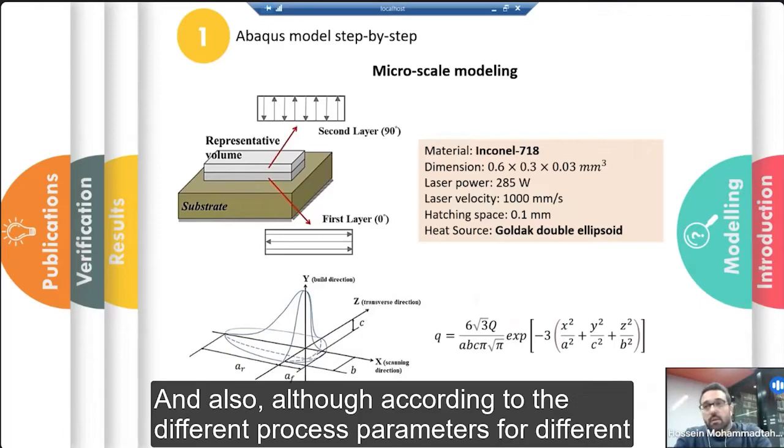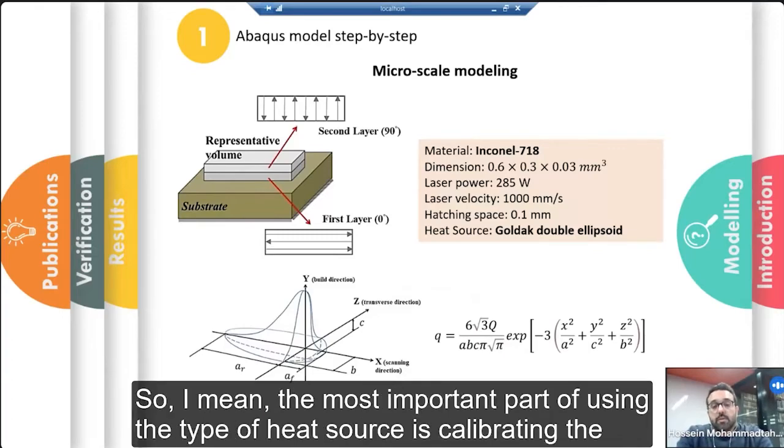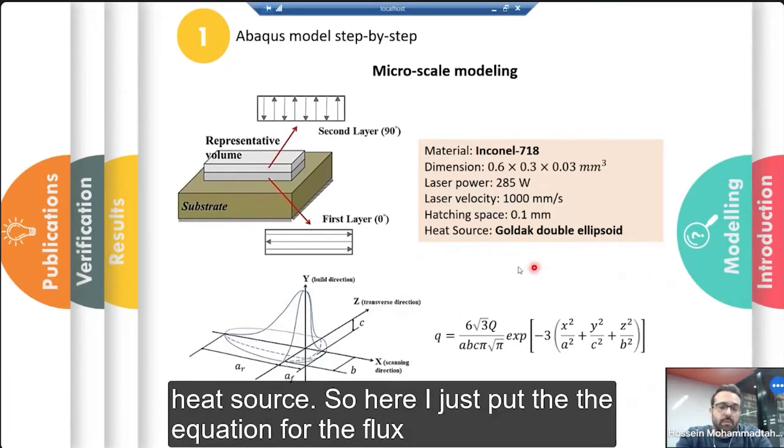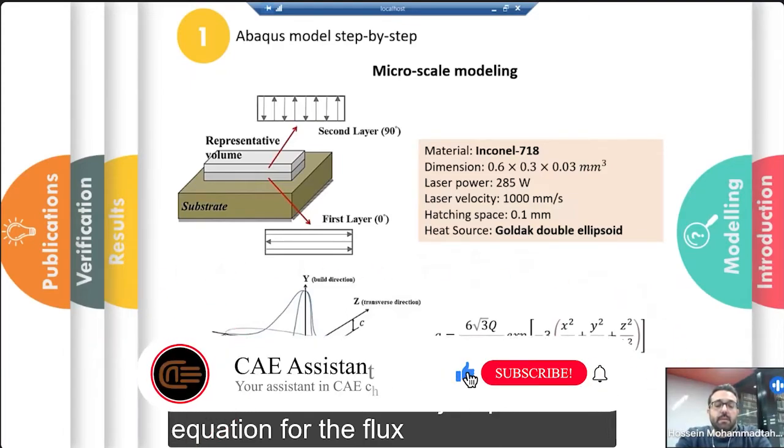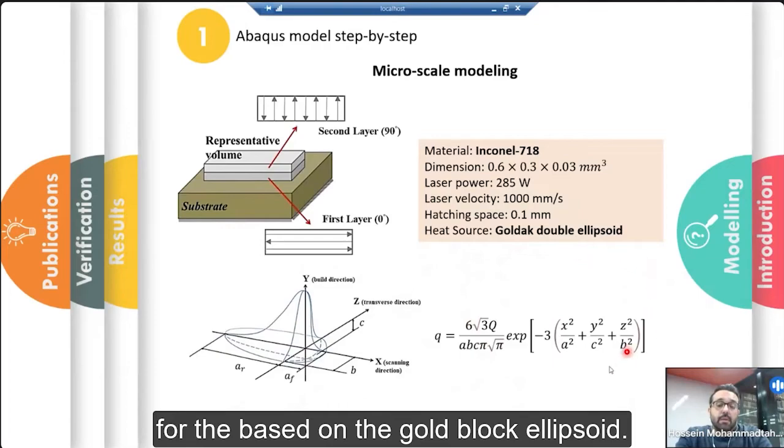Also, according to the different process parameters for different materials, you can find the melt pool dimensions in the literature. So the most important part of using any type of heat source is calibrating it. Here I just put the equation for the flux based on the Goldak double ellipsoid.